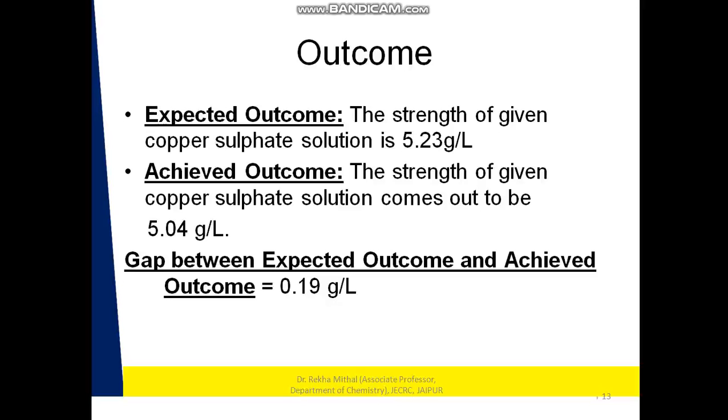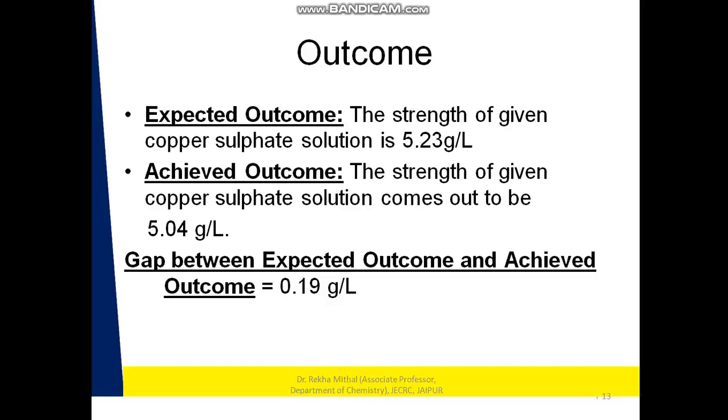So now our outcome, that is the expected outcome, is already given in the lab manual. This is the ideal outcome.